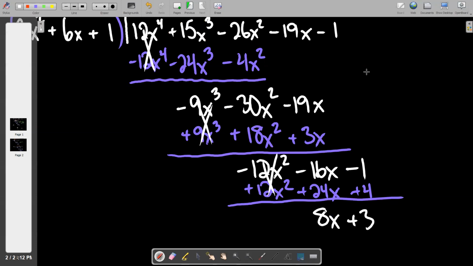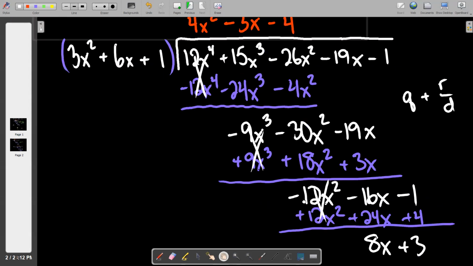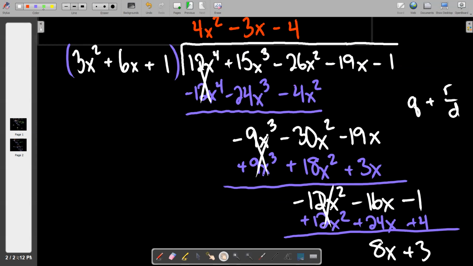Good. So remember, we're going to write our answer as q plus r over d. So what goes on the first line, the first part of my answer? Quotient plus remainder over divisor. So quotient first. So 4x squared minus 3x minus 4.